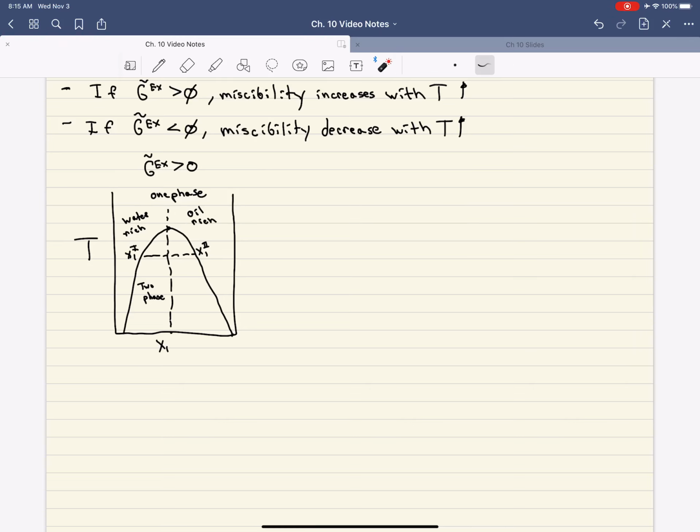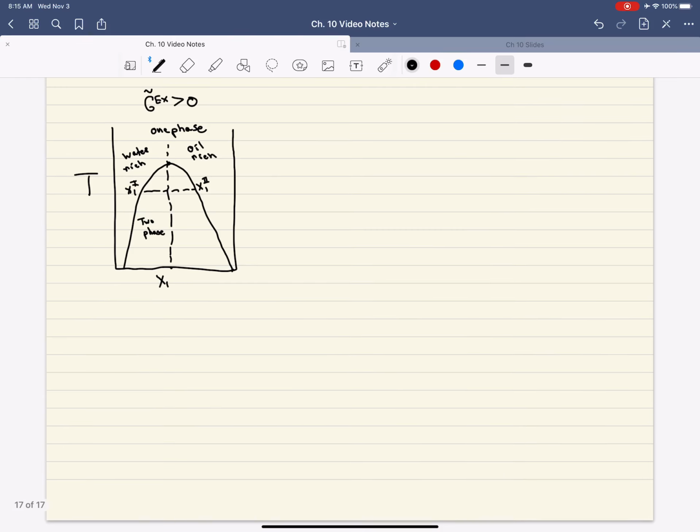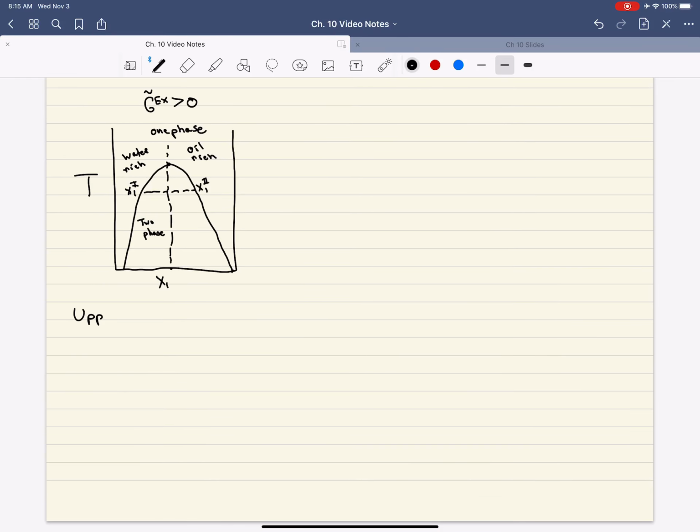All right, and so outside this little upside-down parabola, at high temperatures, the mixture just forms one uniform phase, and then if you go below some critical temperature, then the mixture starts forming two different phases. We would call a mixture that exhibits this sort of behavior an upper critical solution temperature.